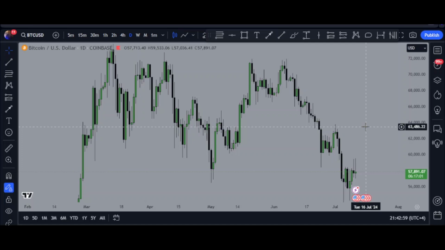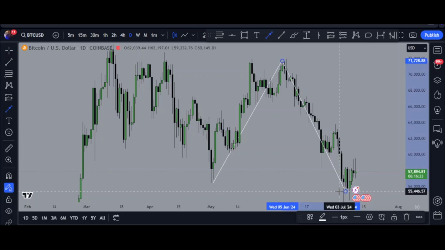And if somebody is buying over here, that means he is going long. Long is going up. And if somebody is selling over here, that means the person feels or thinks that the market is going to go down. That is going short. This is going long. This is going short. This is bullish. This is bearish. Simple?